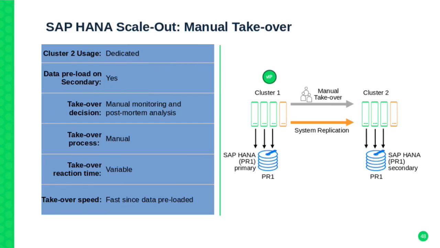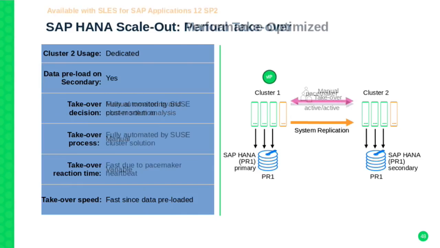And then, software is there actually to help you. So why would someone do the manual failover if there's software that can help you with that? And this is actually the performance optimized setup we are having here. And this is the new thing we have now with Service Pack 2. So the environment is the same as before. You have two sides.